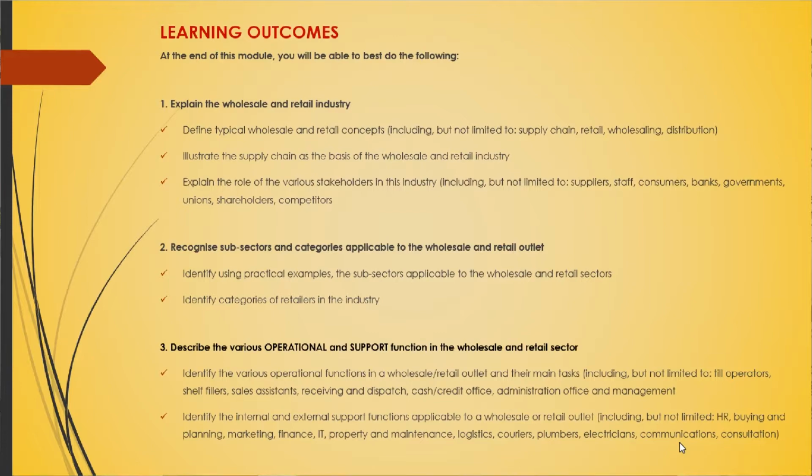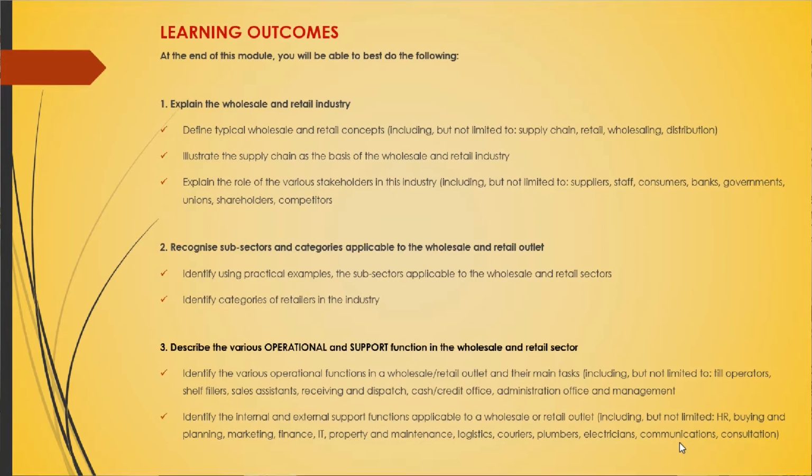So at the end of this lesson, you as a Wholesale and Retail Level 2 student will be able to do the following. You'll be able to identify, using practical examples, the subsectors applicable to the wholesale and retail industry. Secondly, you'll be able to identify categories of retailers within the wholesale and retail industry.